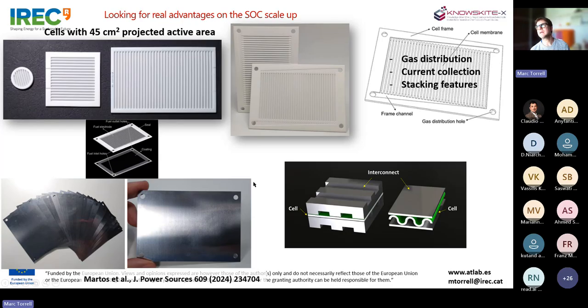So with this, our single repeating unit, that is the unit of repetition that you need for generating this stack, is reduced quite a lot. This is the conventional technology where you have the machined interconnects and the flat cell. And here we have the corrugated cell with the flat interconnects, the simple 200 microns flat interconnects.